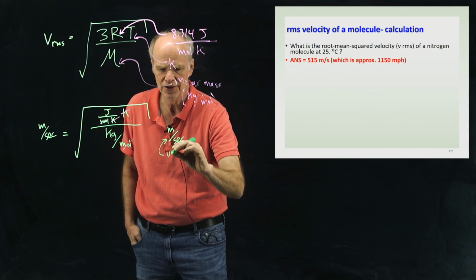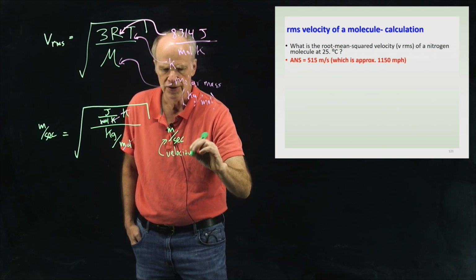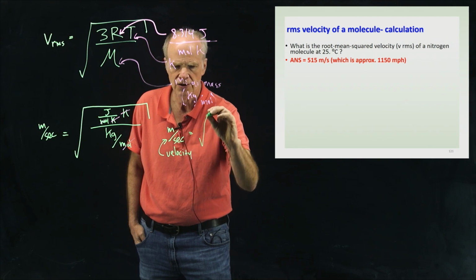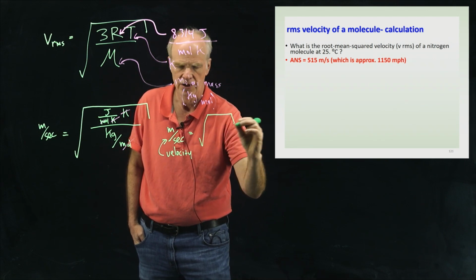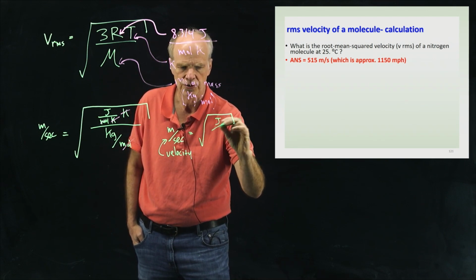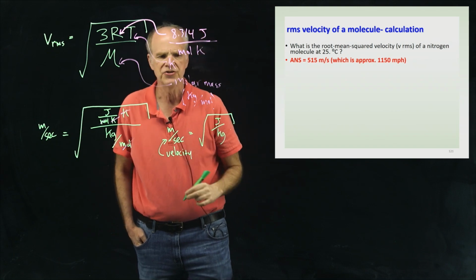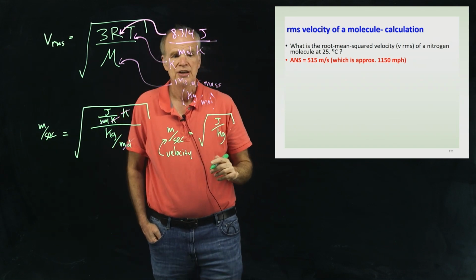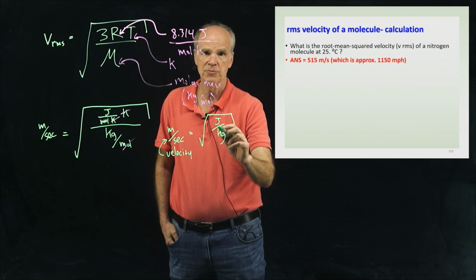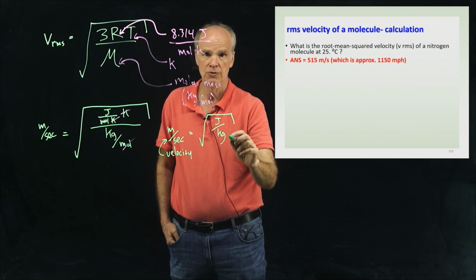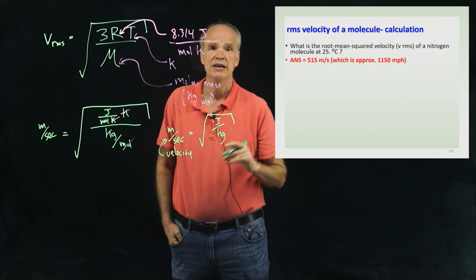That's what we want. That is going to be equal to the square root of joules over kilogram. One question we might ask is: is it possible that joules per kilogram in a square root can be converted to meters per second? And that is the case.